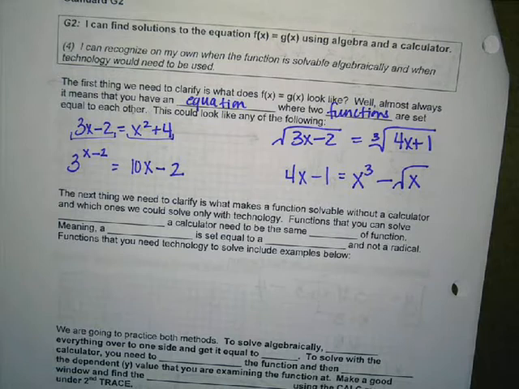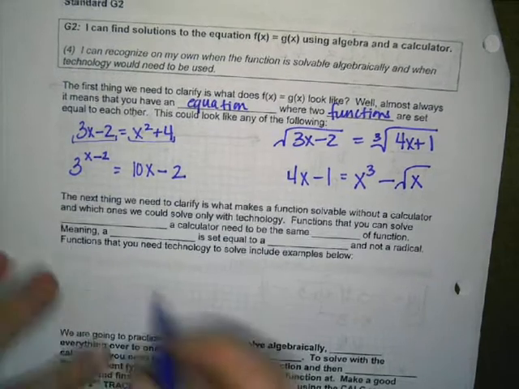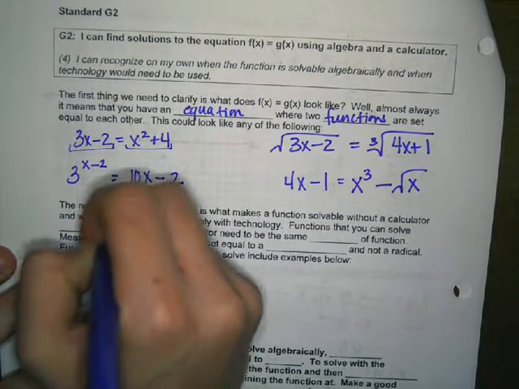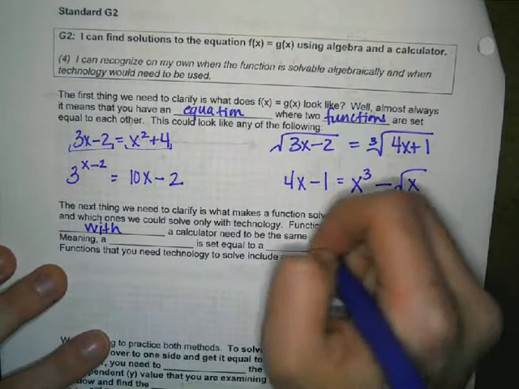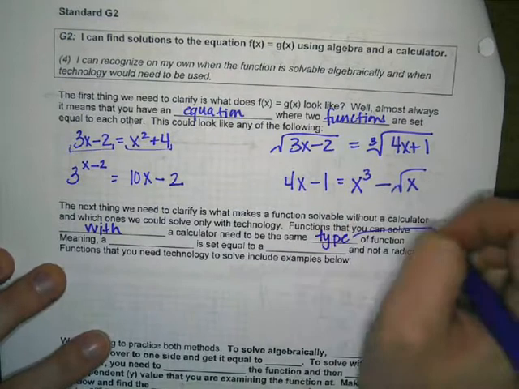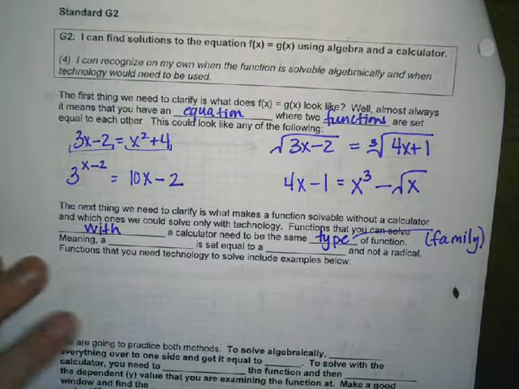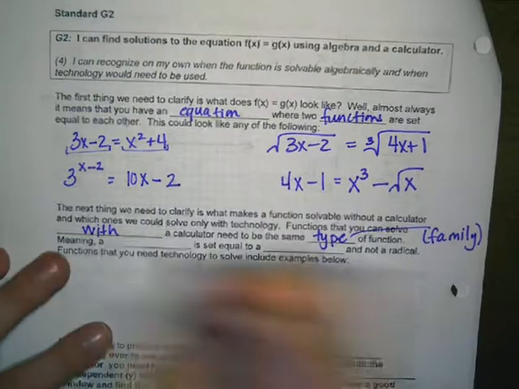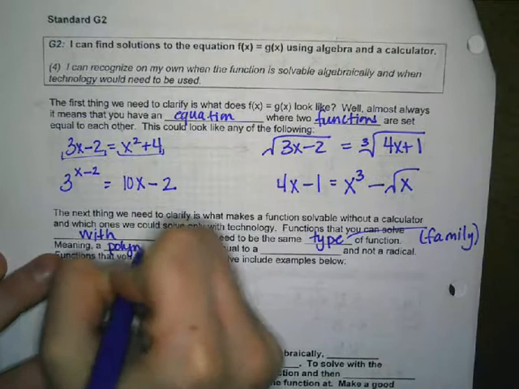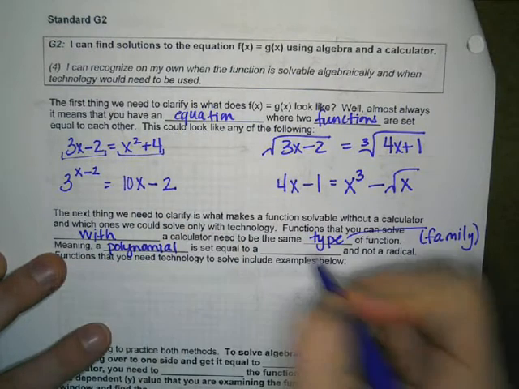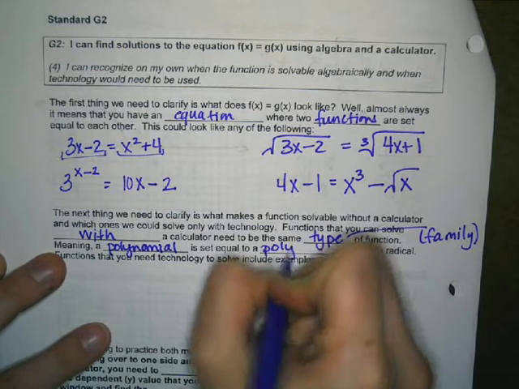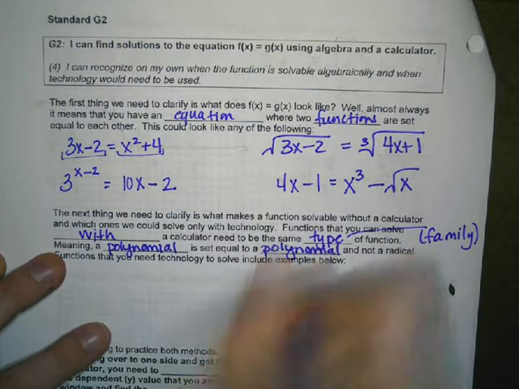Functions that you can solve without a calculator need to be the same type, and we can also use the word family of function, meaning, let's say, a polynomial is set equal to a polynomial and not a radical.